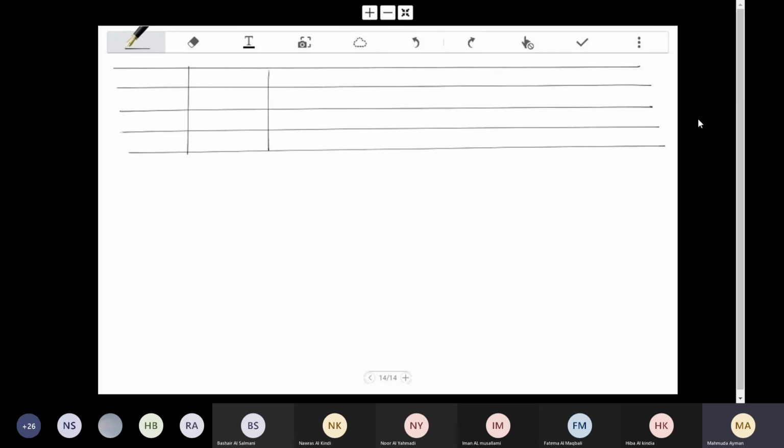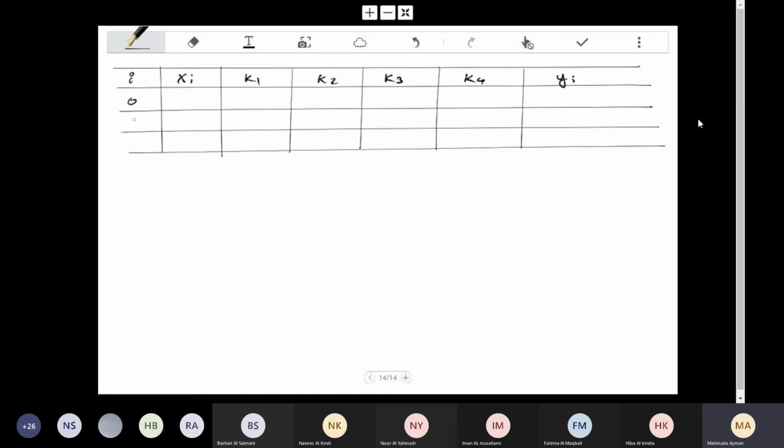We have more values here to take. So we have i, xi, k1, k2, k3, k4, and yi.